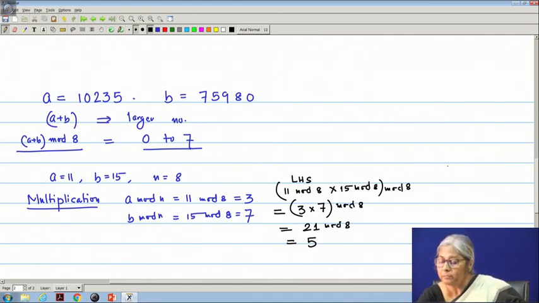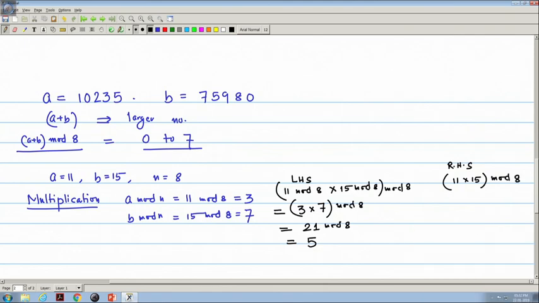Now, if I do the RHS, then it is 11 into 15 modulo 8. Now, see 11 into 15, this is a larger multiplication, it is a complex multiplication, and in a similar way if I take A and B, then it will be even larger.